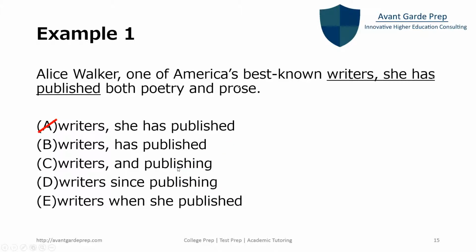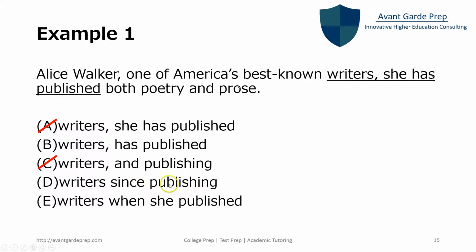Alice Walker, one of America's best known writers, and publishing both poetry and prose. Nope, something's not right there. It's not in the correct verb form, and that produces an incomplete sentence, a fragment. Okay, D. Alice Walker, one of America's best known writers, since publishing both poetry and prose.